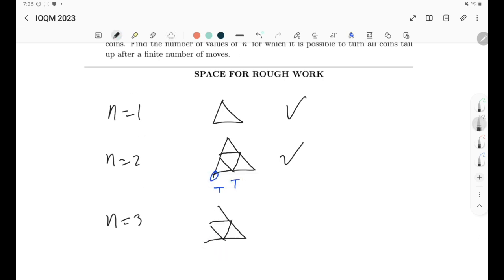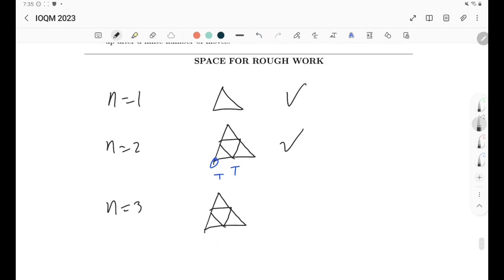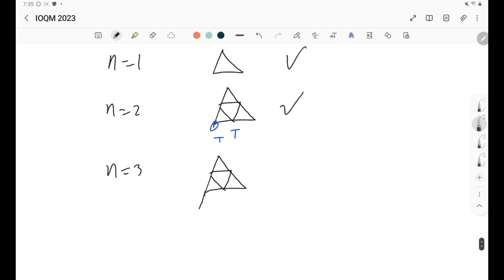Okay, if I just extend that, does it work for n equals 3?